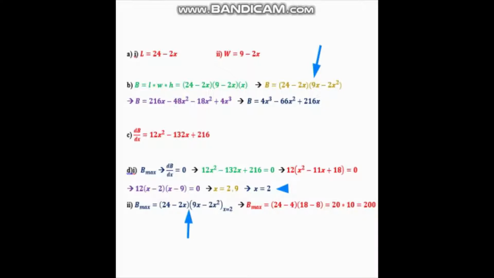So 24 minus 2x becomes 24 minus 2 times 2, which is 4. And 9x minus 2x squared becomes 18 minus 8, and your answer is 200. And this concludes our question. Take a minute to write the answer down if you will, and I shall begin the next question shortly.